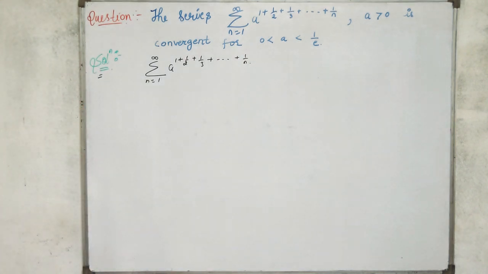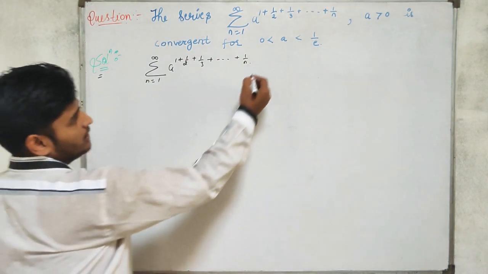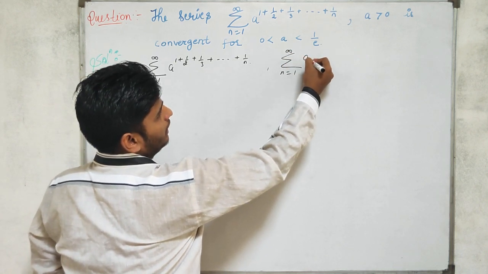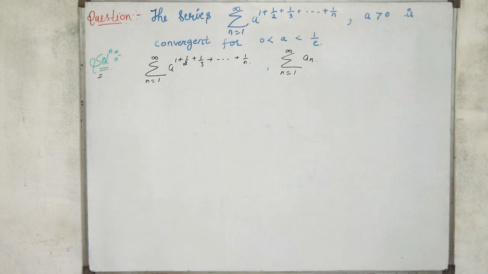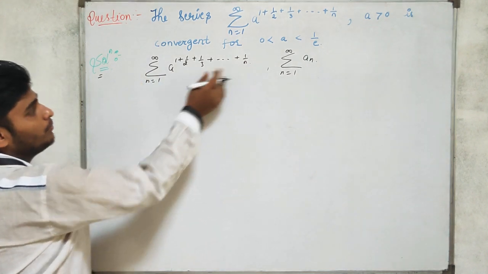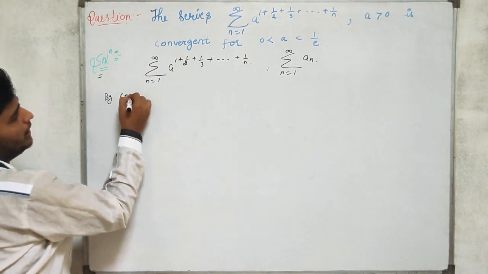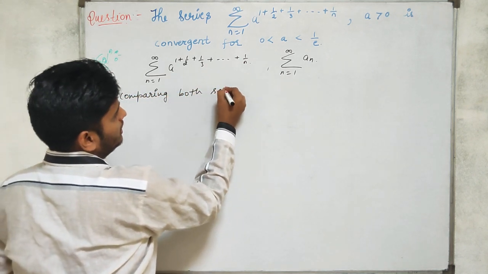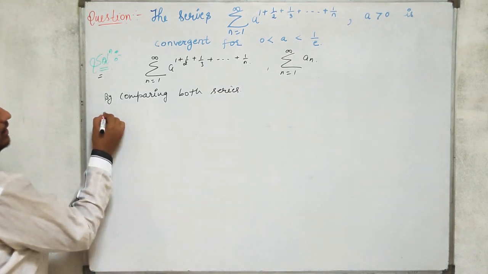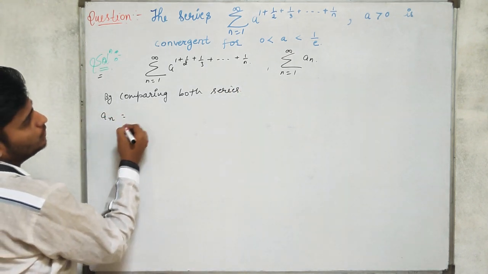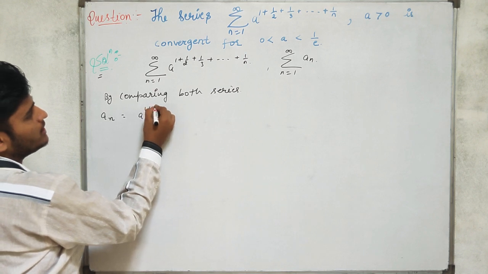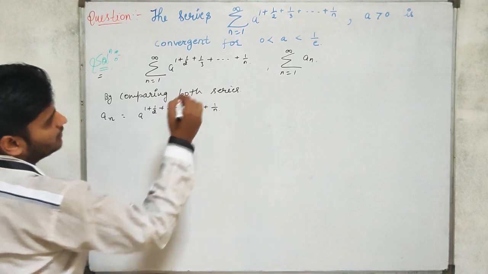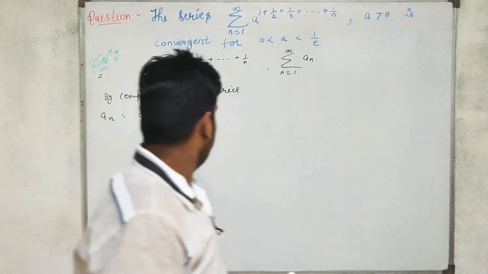Here, comparing it with the general positive series, whose general notation is summation a n, n going from 1 to infinity, by comparing both series we find that a n is equal to a raised to power 1 plus 1 by 2 plus 1 by 3 plus and so on up to 1 by n.